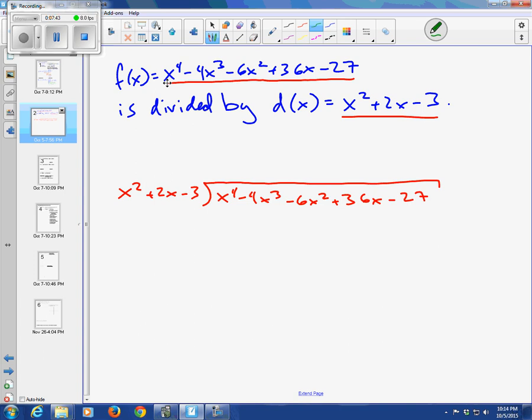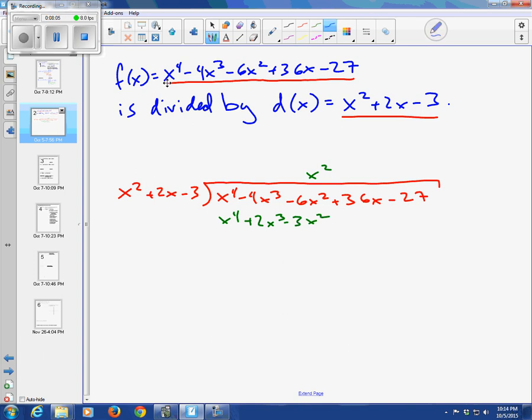So we're going to say, what do we need to multiply x squared by in order to get x to the fourth? And that's going to be x squared. So right here we will multiply x squared through our divisor and get x to the fourth, and then right here plus 2x cubed, and then right here we're going to see a minus 3x squared.